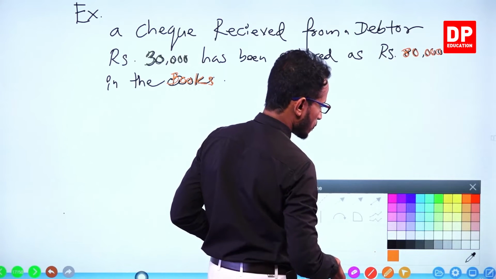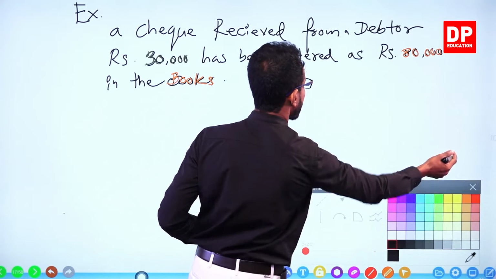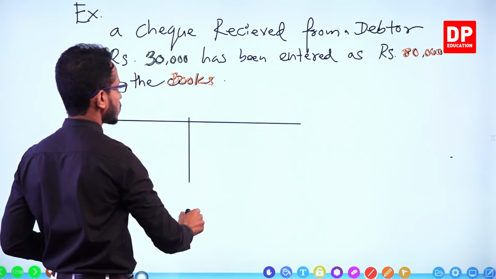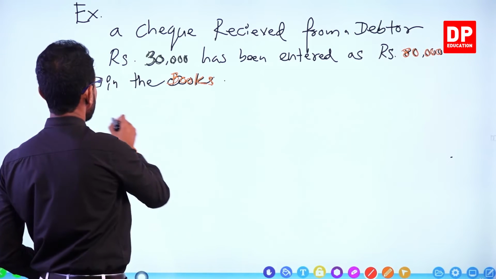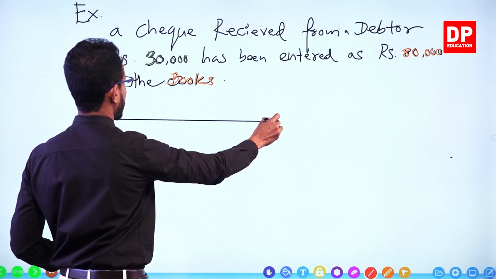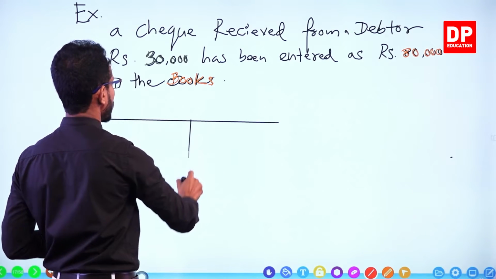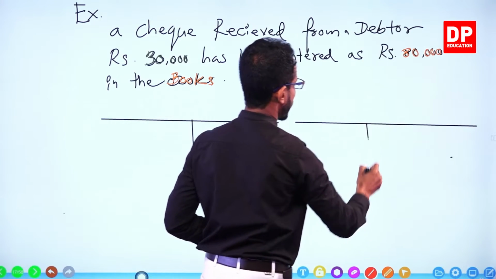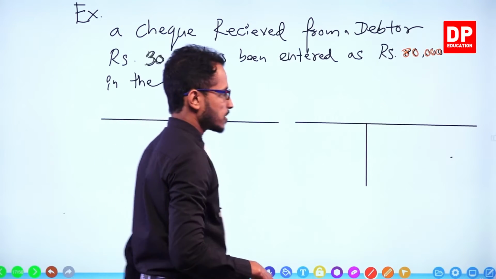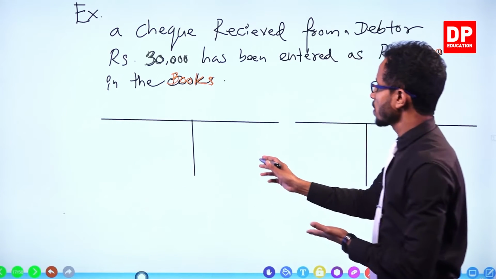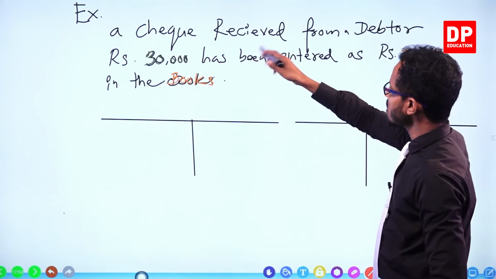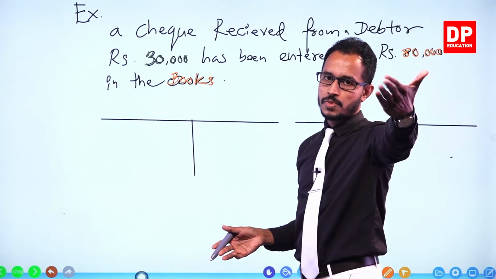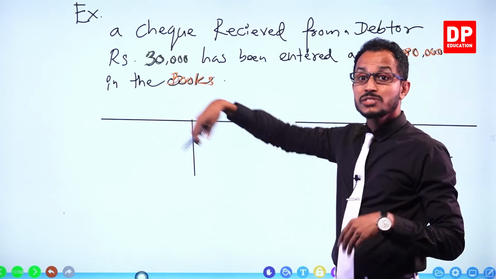How has the error occurred? This is the first account. This is the second account. How this transaction is entered, you have to tell me. How it should be entered.